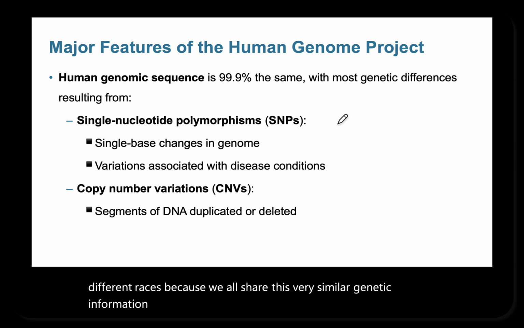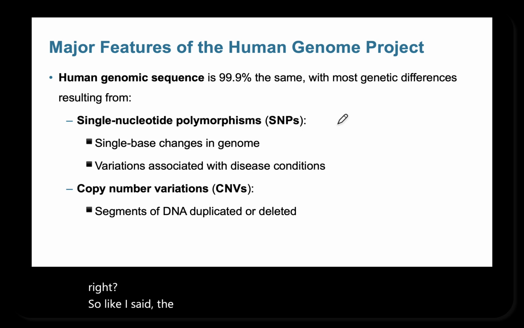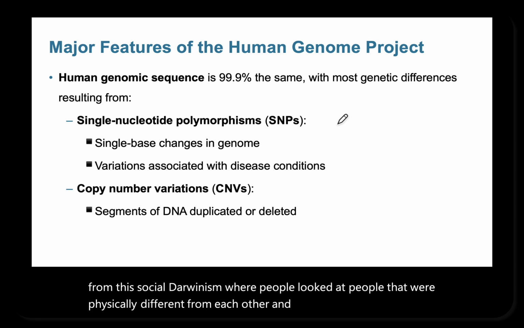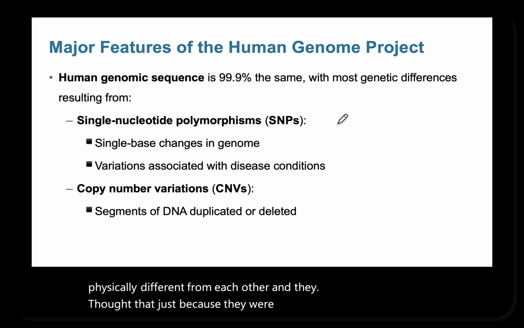Like I said, the terminology involved with race came from social Darwinism, where people looked at people that were physically different from each other and thought that just because they were different, they were less of a human, essentially.